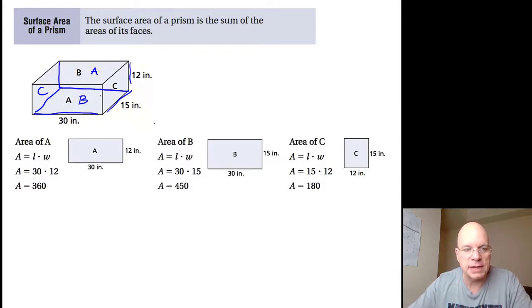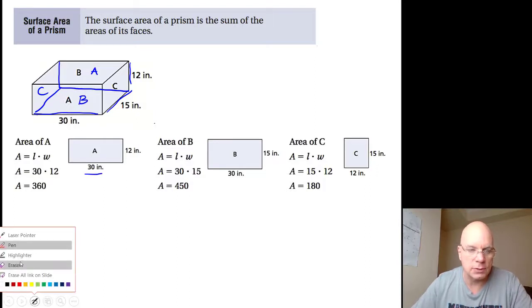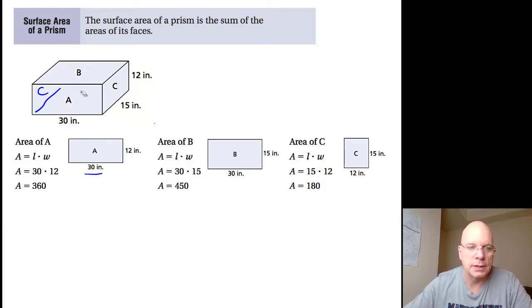So if you sketch face A and put its dimensions, the 30 is easy to see. The 30 is easy to see when I'm looking at this rectangle A, but the other dimension is not easy to see. You have to look around for it. If this is 12, this must be 12. So we draw the face and we put the dimensions on the face.